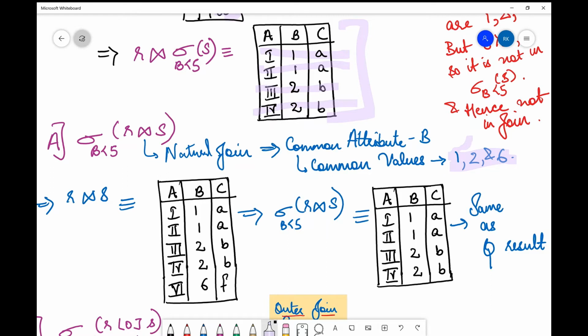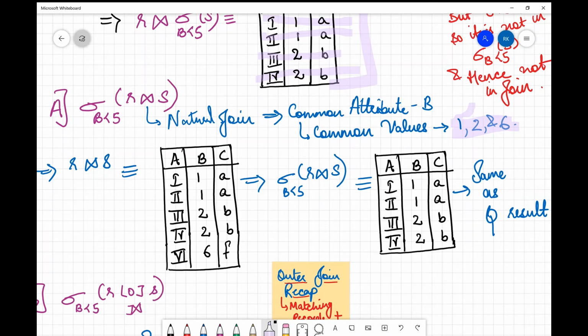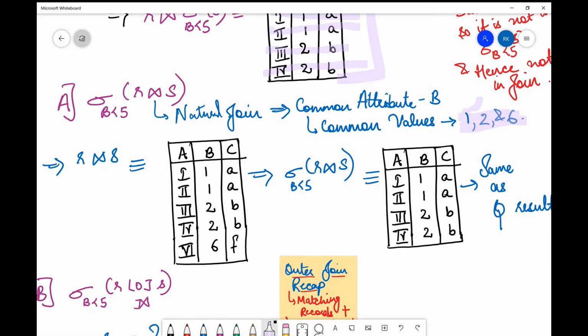We first of all perform the natural join R natural join S, in the manner I have just discussed, but over here we also consider 6, because till now they have not applied the condition B less than 5 on either the left hand side or the right hand side.